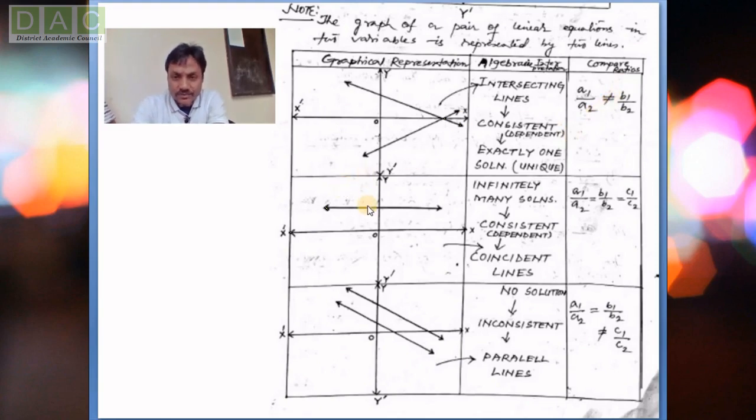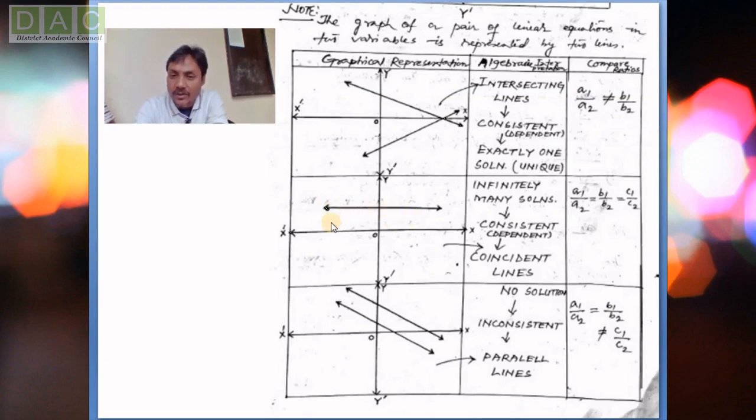We come to the second one. Here you see that in this Cartesian plane there is only one straight line, but this straight line is drawn from two linear equations. That means two linear equations on this Cartesian plane represent only a single straight line. All the coordinate points, all the values of x and y from the two equations, lie on this straight line.